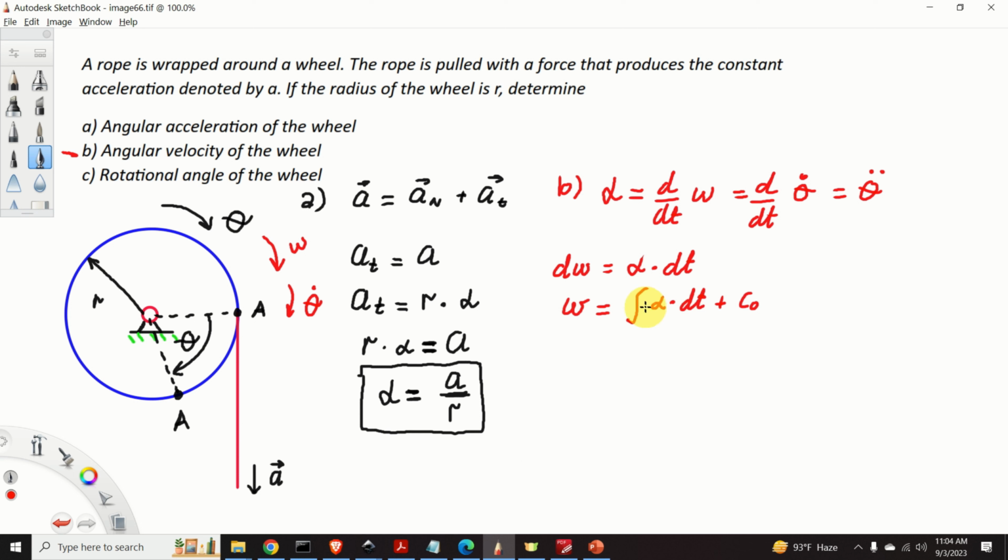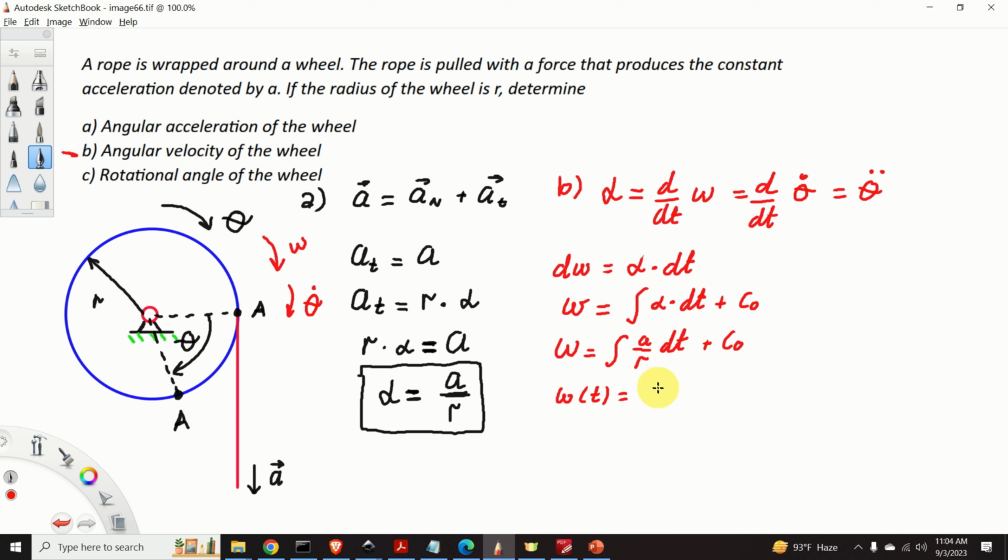Let's solve this equation now. Since alpha is constant and it's equal to A over r, we can simply substitute this expression. So we have the integral of A over r dt plus c0. And we obtain omega as the function of time.